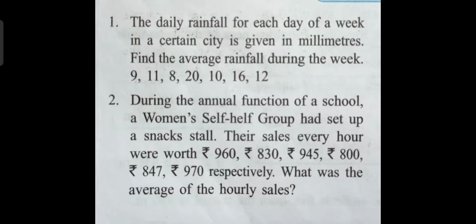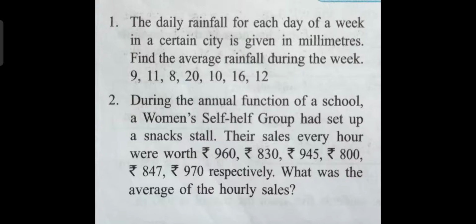So you are supposed to find out the average. To find out the average, that is what? 9 plus 11 plus 8 plus 20 plus 10 plus 16 plus 12 divided by 7, because 7 days, no? So you are supposed to divide it by 7. Clear? Then you will solve it.